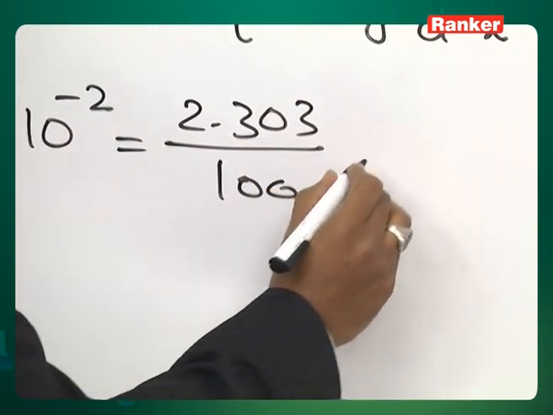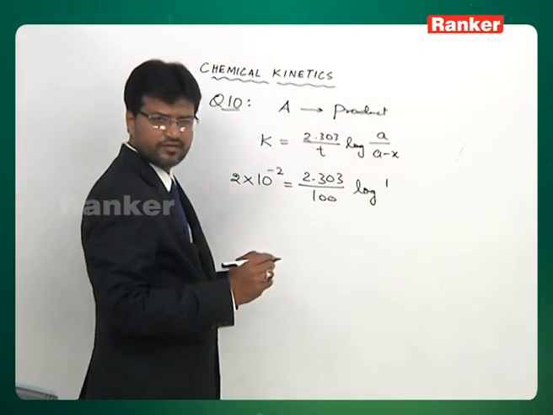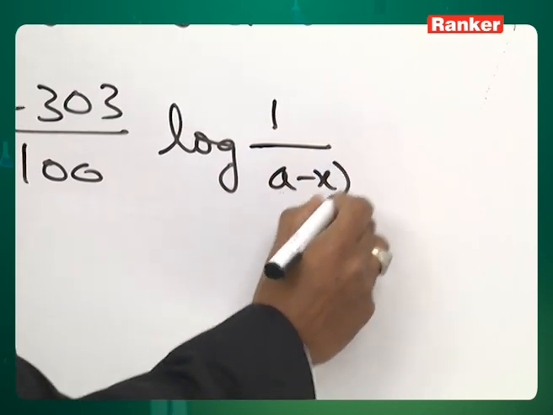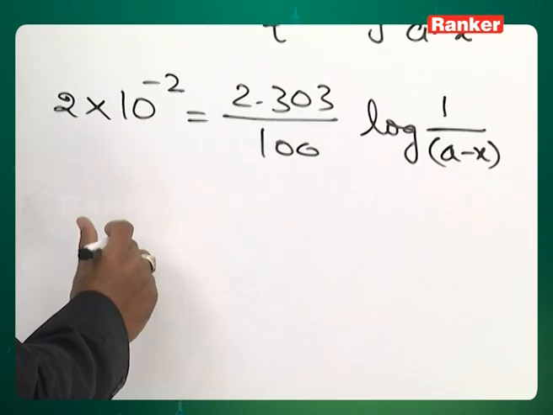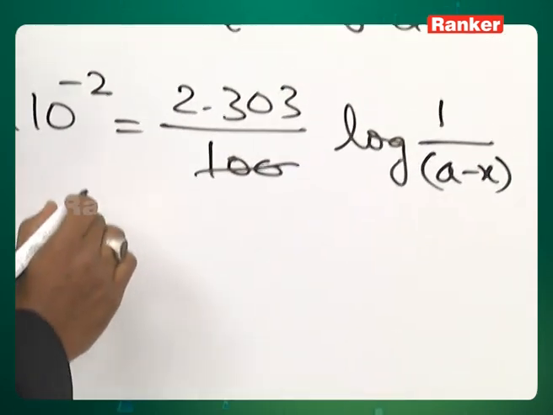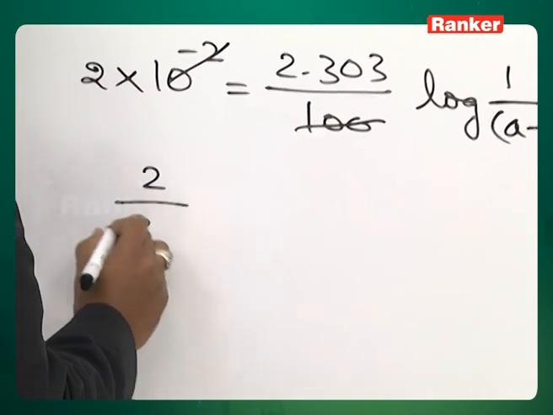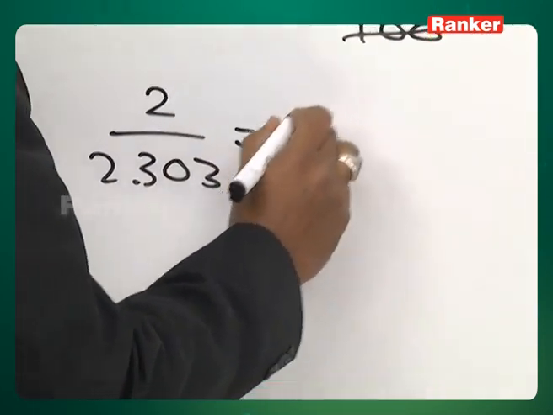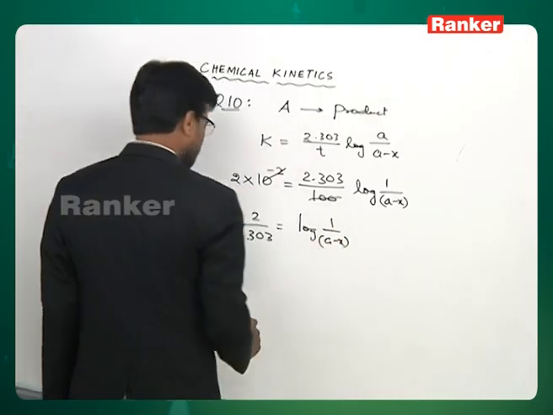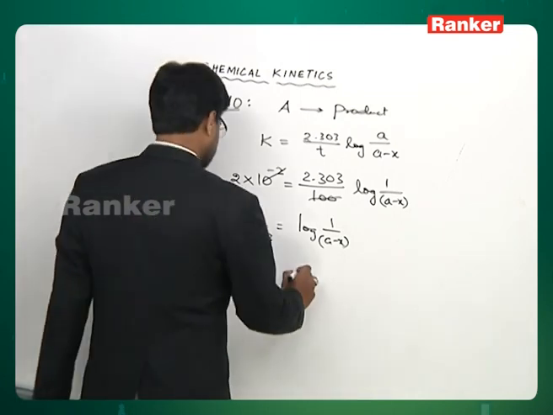2.303 by 100 log of, the initial concentration is 1, we need to find out A minus X. This is what we need to find out. So, this gets cancelled, 2 by 2.303 is equal to log 1 by A minus X. So, if you take anti-log, you get the value 0.135.